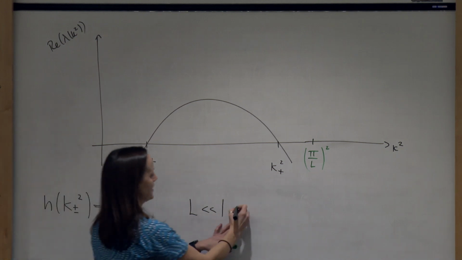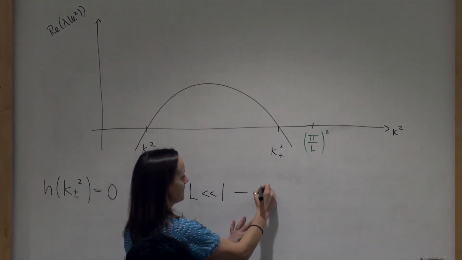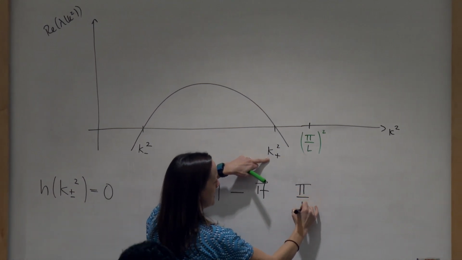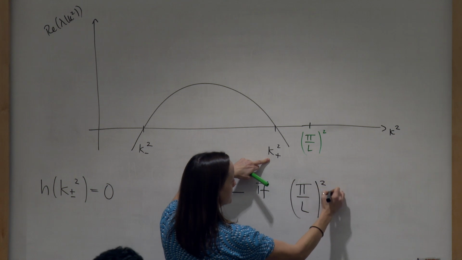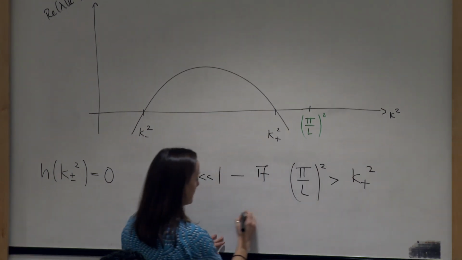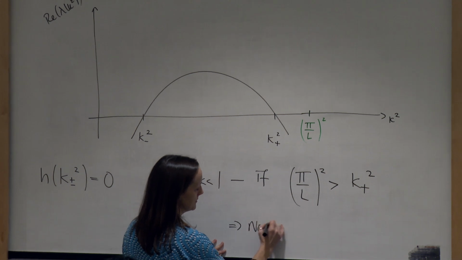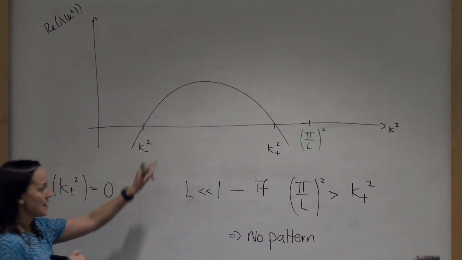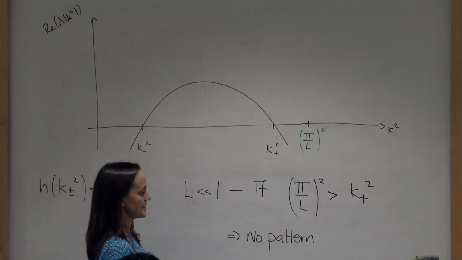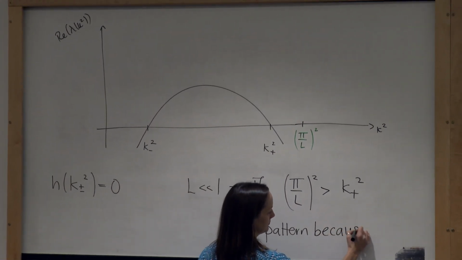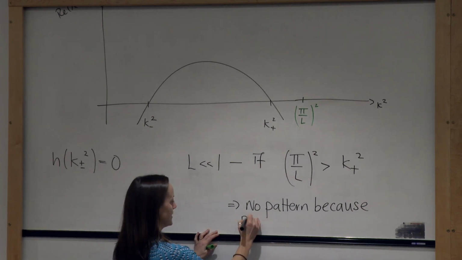So what's the condition? Effectively, if pi on L squared is greater than k plus squared, that implies no pattern, because the real part of lambda is less than 0.